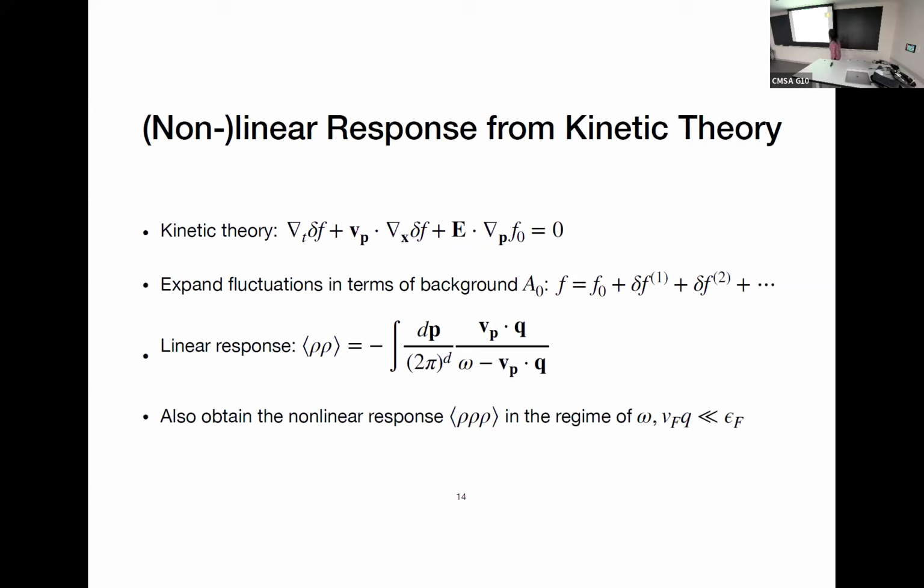So can we use this kinetic theory to compute something? I want to emphasize computing the linear and nonlinear responses, because we will also use two other approaches to compute these later on. Now if we expand the fluctuation of the distribution function in terms of the background field A0, we know that the kinetic theory can be written down like this.